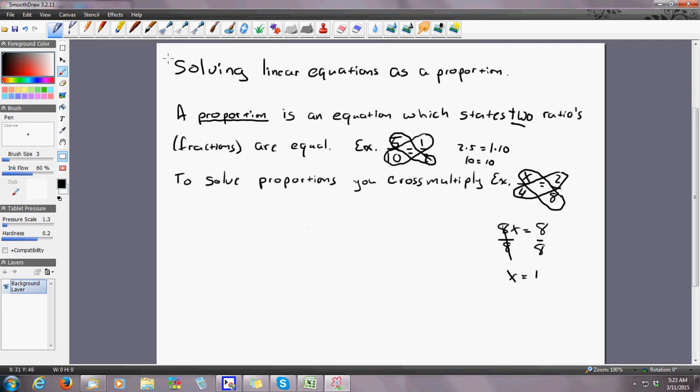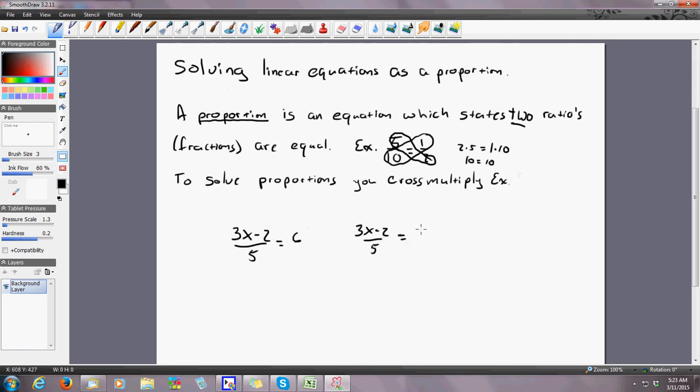So how do we solve proportions or linear equations that involve proportions? Say I have something like this: 3x minus 2 over 5 equals 6. Alright, the first thing I'm going to do is write my question down.